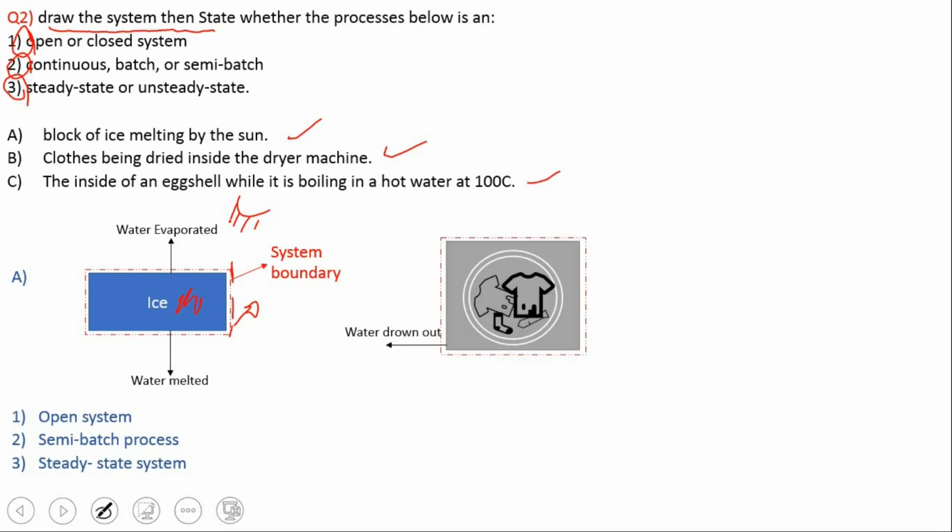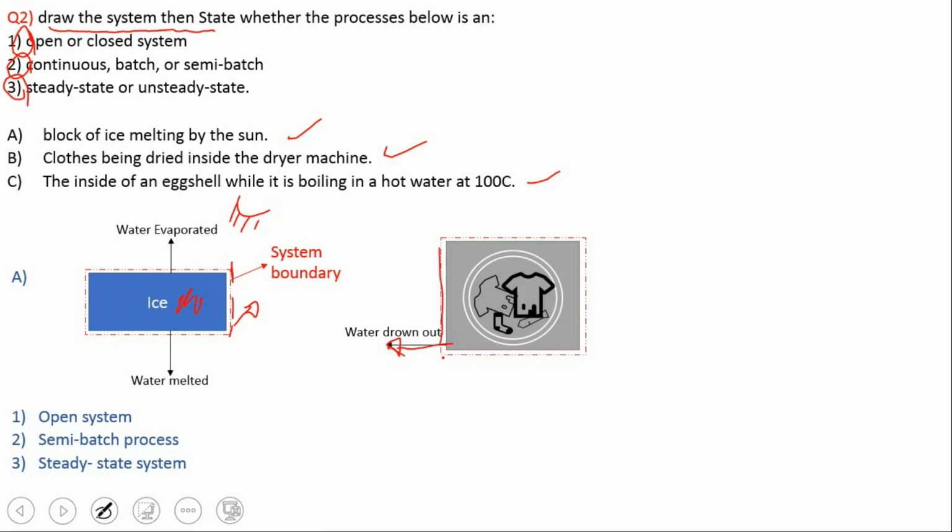So let's move to part B, clothes being dried inside the dryer machine. In the dryer machine, you put the clothes. The clothes will be wet with water, and there is heat in the drying machine generated by electricity, and water is being evaporated when the heat is applied to the cloth.